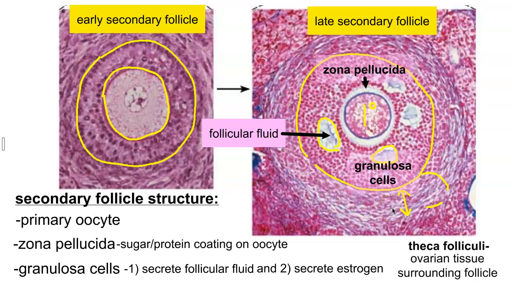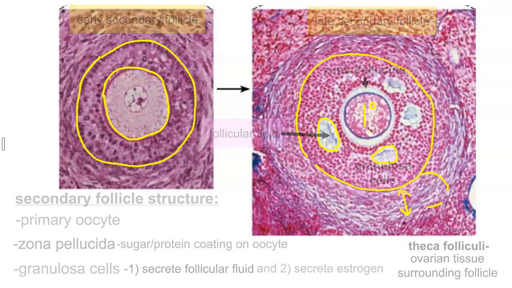It consists of two layers, the theca interna, which is a rich blood supply to the follicle, and then theca externa, which is a connective tissue encasement of the follicle. Eventually, as the secondary follicle grows bigger and accumulates more follicular fluid, these little pools of follicular fluid are going to merge into one big lake, one big cavity of fluid known as the antrum.